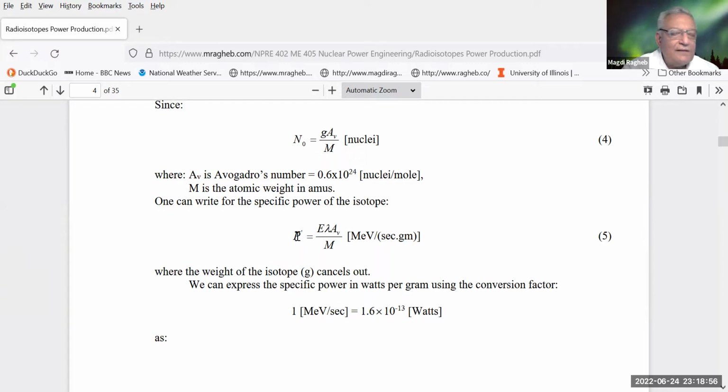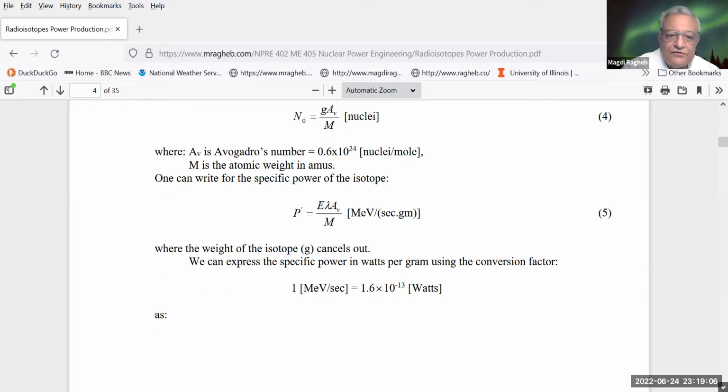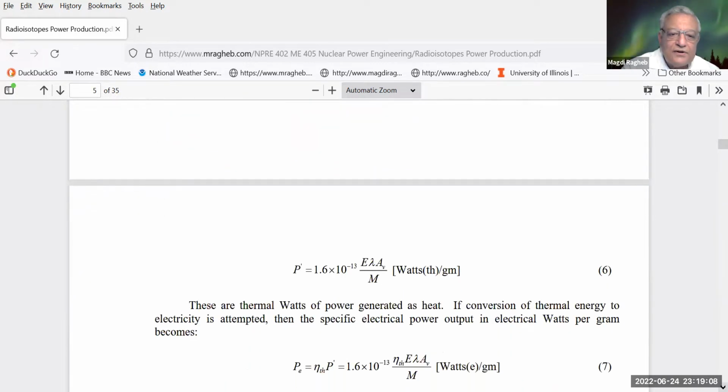We like to describe power in general in engineering and science in terms of the unit of watts. So let's convert that specific power into watts per gram. So that would be specific power, meaning power per unit mass. So that adds here a constant in front of our equation.